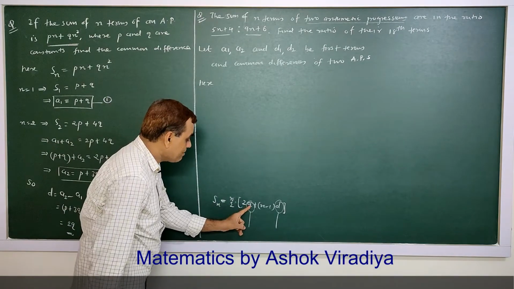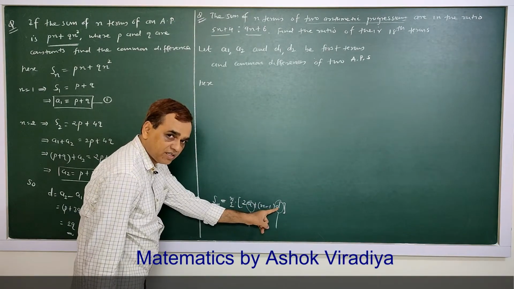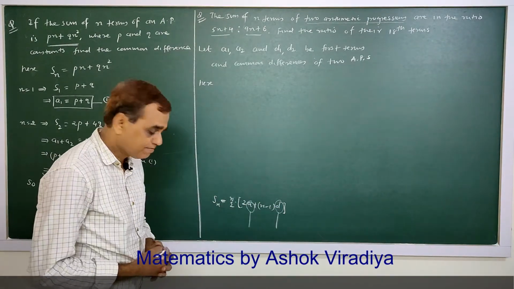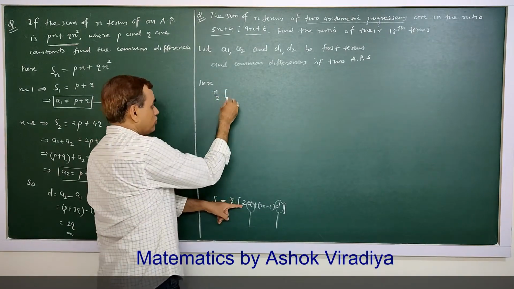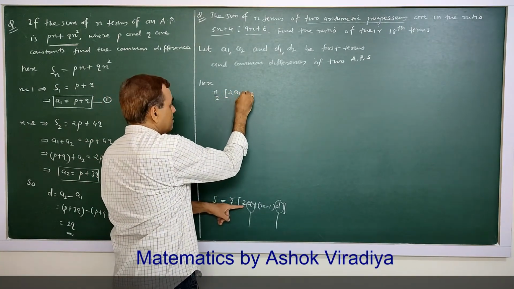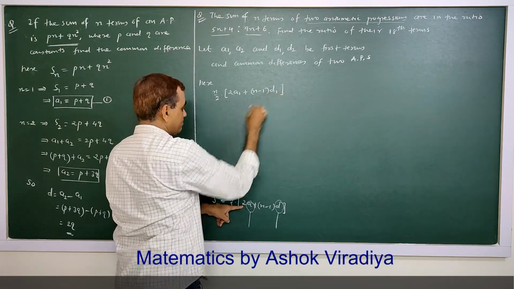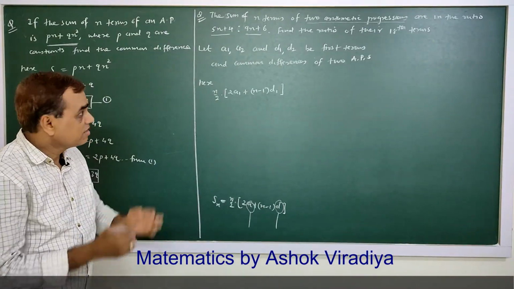I replace A by A1, D by D1. So it will be sum of first n terms of first progression. So n by 2 into 2A1 plus n minus 1 into D1. This is sum of first n terms of first progression.